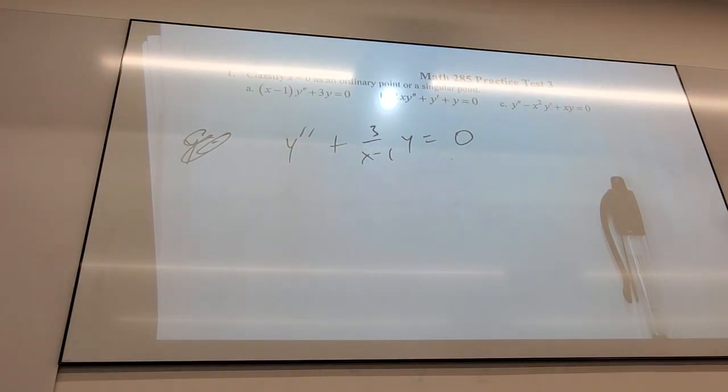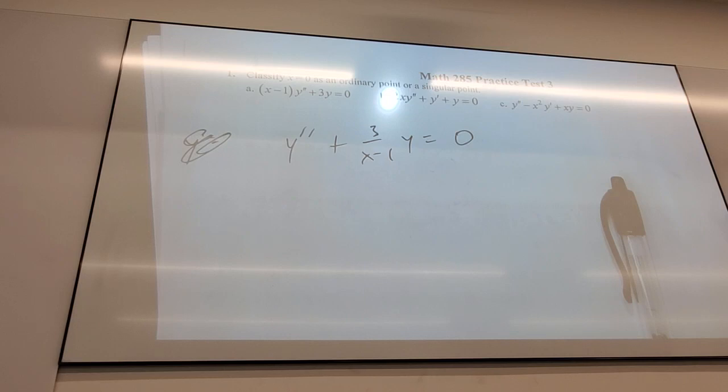This idea of analytic is weird. Analytic means you can find a Taylor series for the function around the point. For most of what we've done, we just need it to pass the basic test of being differentiable and continuous. This one's not continuous at 1, but it's continuous at 0, so 0 is fine. Does that make sense?